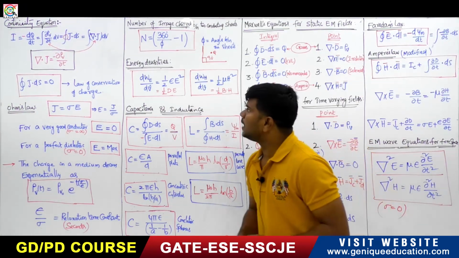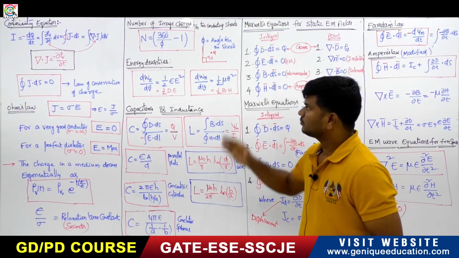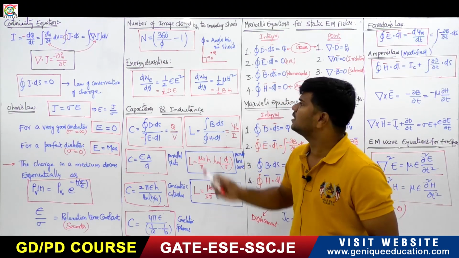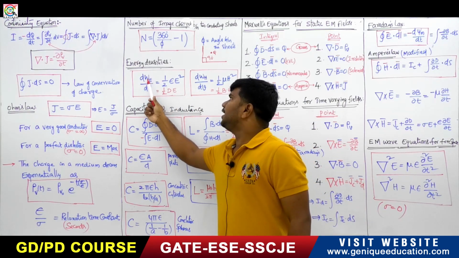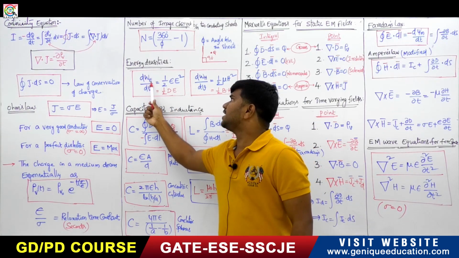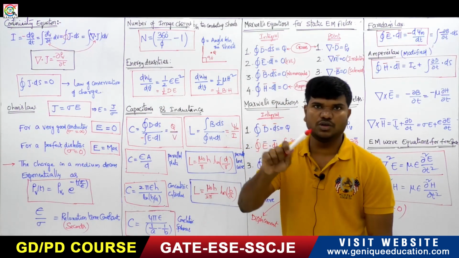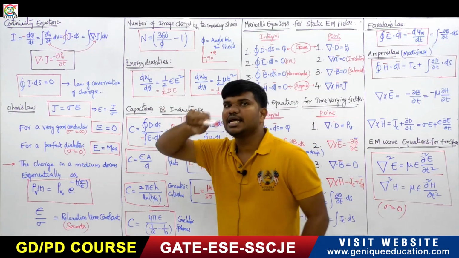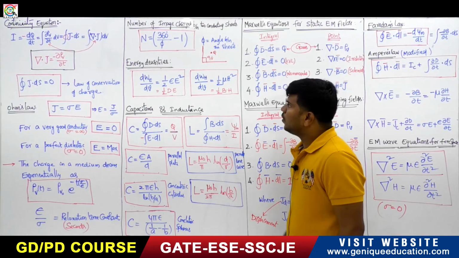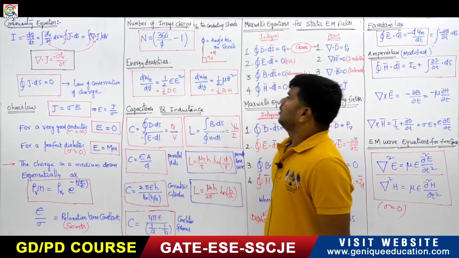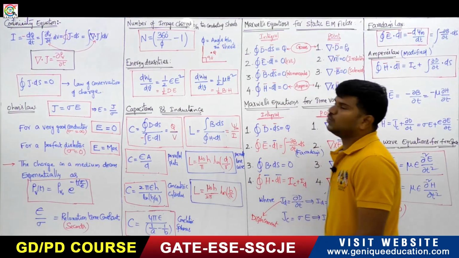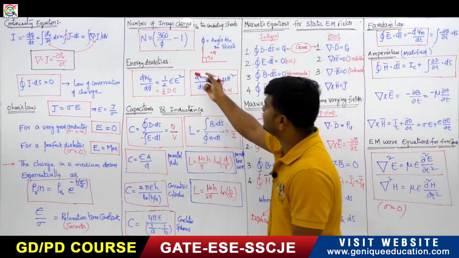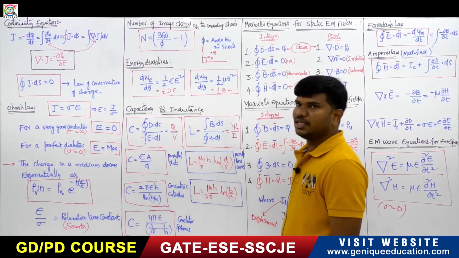So if you go to the energy densities, what is energy density in the electric field? The energy density means dW, that is energy divided by the volume. It is equivalent to half epsilon E square, and it can be written as half D into E. So this is called the energy density in the volume.